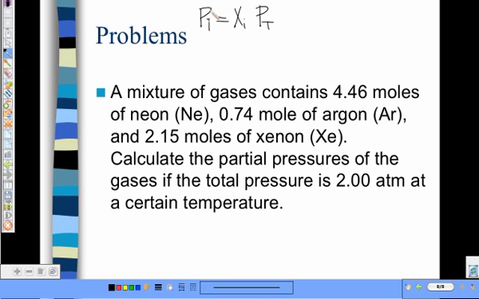So we need to find the mole fraction for each of them. What's the total number of moles? Let's call it Nt, the total number of moles. 7.35. Yep, you just add them all up.